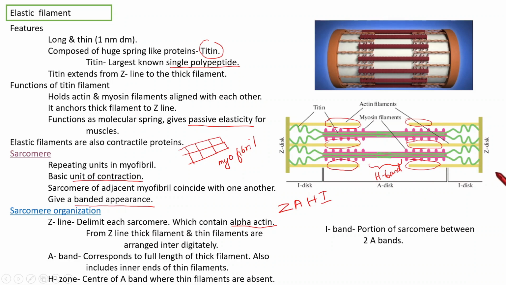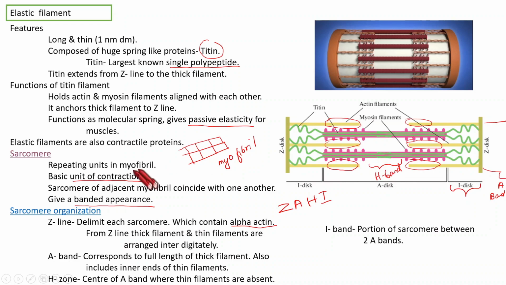Again, another sarcomere will begin here, and from this portion onwards we can see another A band. So the region between two A bands constitutes the I band. I hope it's clear.